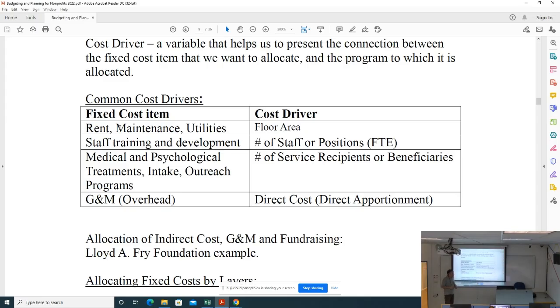The first one that we saw, which is used usually for expenses that relate to the facility, such as rent, maintenance, taxes, and utilities, is the floor area. Now, floor area can be measured in a more accurate way, like 200 square meters per 400 square meters, or it can be estimated. I'll give you a real-life example.